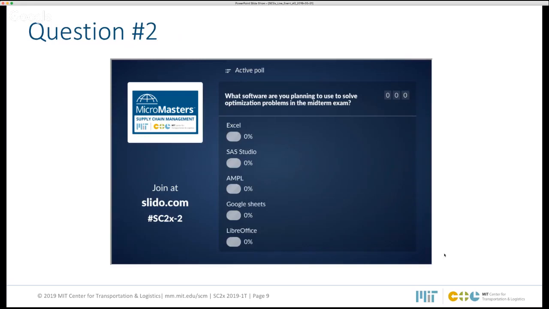Just keep in mind that the exam is designed so you can use the software of your preference. Okay, so the vast majority is saying that you'll be using Excel. Some of you are saying SAS Studio, and very few are saying that you'll use Google Sheets and LibreOffice. Okay, but it's good to know your preference regarding the software for this exam.